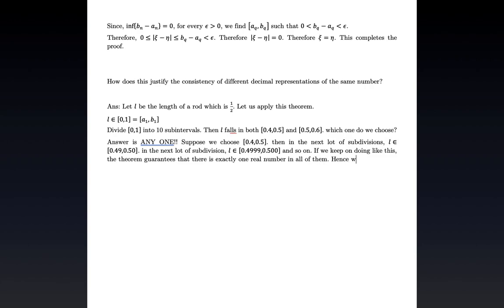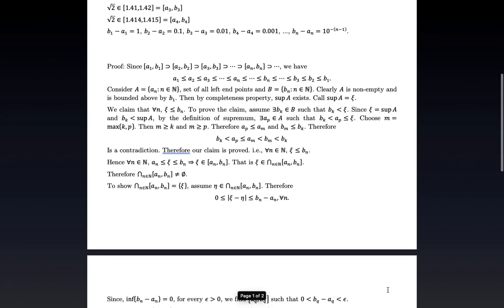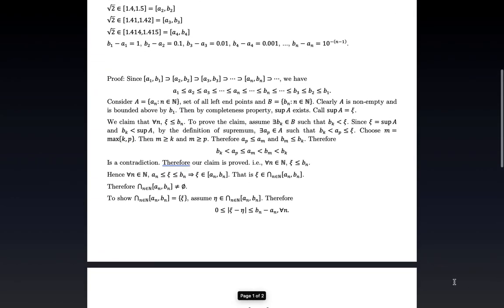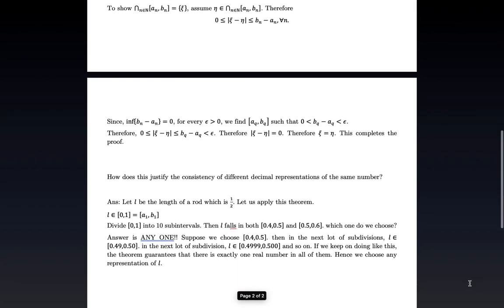Hence we choose any representation of it. So this is how Cantor's intersection theorem solves the consistency of decimal representations.